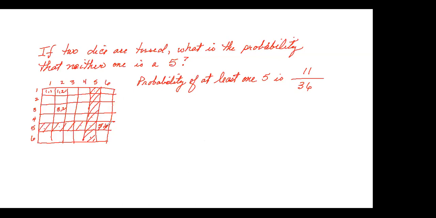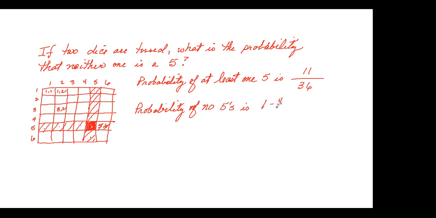We don't want to say 6 here and 6 here because this is where we have to subtract this one that would then be counted twice. This is the intersection. But the probability that at least one of them is a 5 is 11 out of 36.